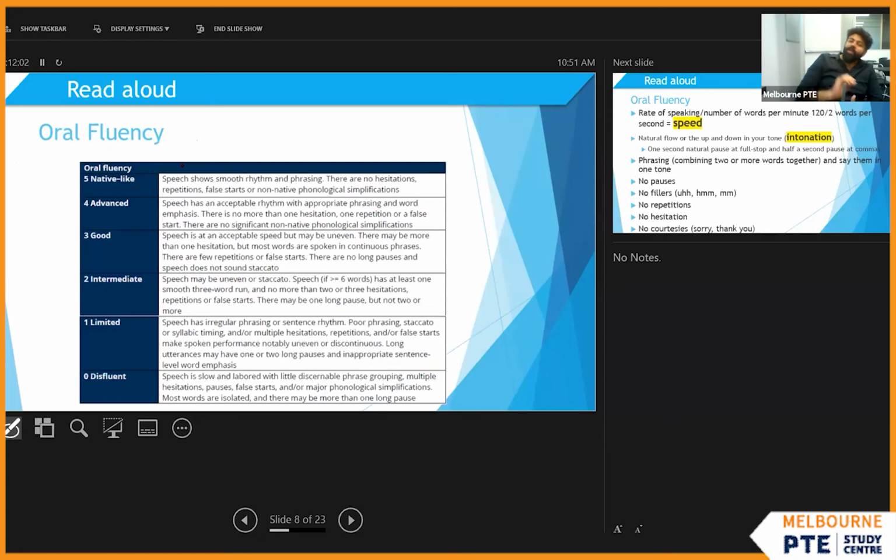Now, if you have a look at this table, I have taken it straight out of Pearson's Core Guide, and here it shows you that you are marked out of 5. 5 is the maximum marks. They classify 5 as native-like oral fluency.